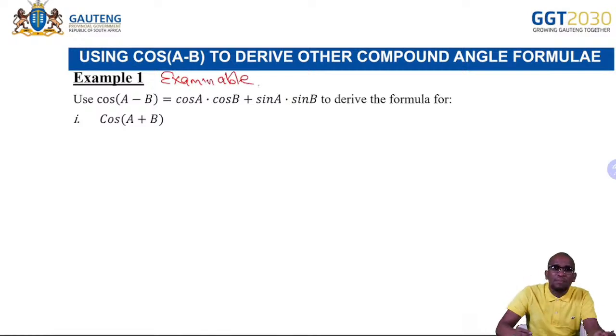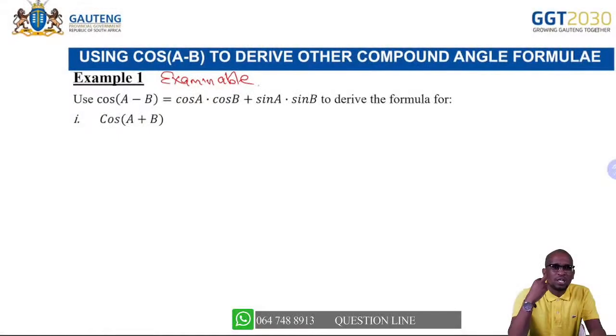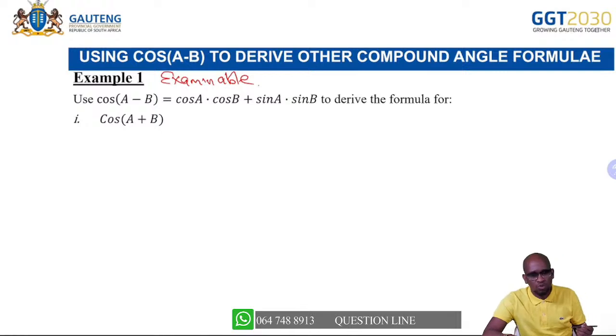It is examinable to use an existing formula that has been derived to derive the rest. So that is very, very important, and you have to know how to do it. It's been tested before in past exams, and it can be tested in future exams as well. It's a skill that you need to acquire.